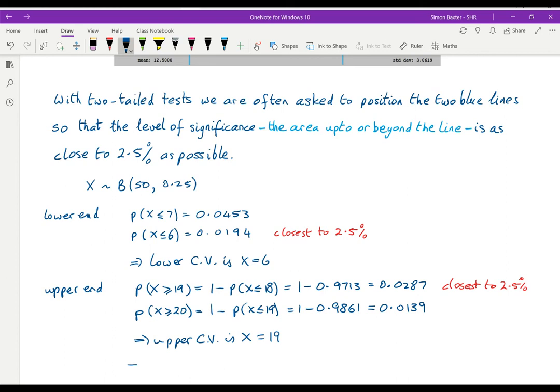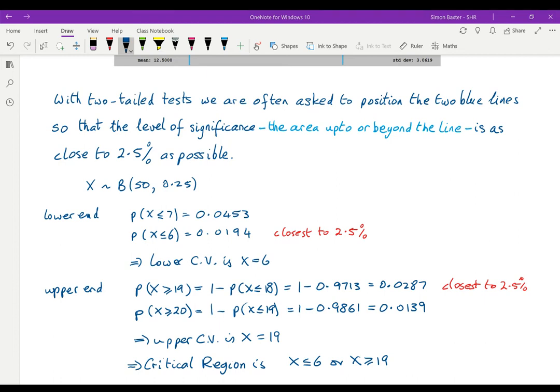And so the critical region is X less than or equal to 6 or X greater than or equal to 19. If my test statistic lies in that region, then I reject H0. Otherwise, I accept H0.